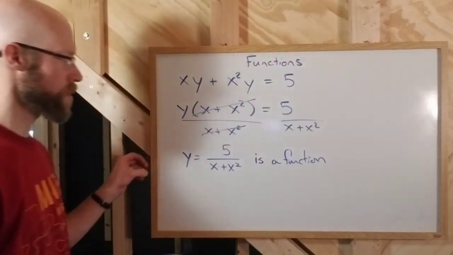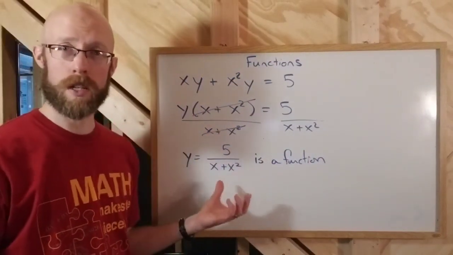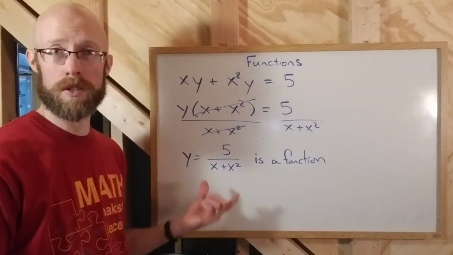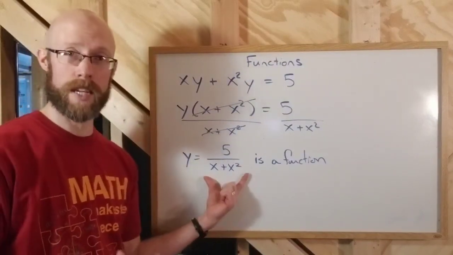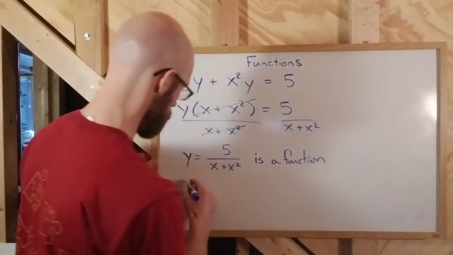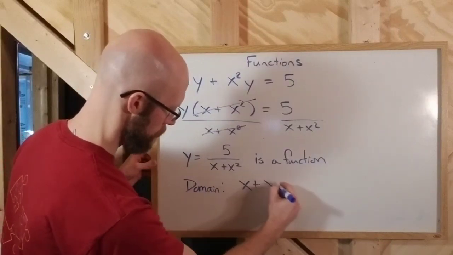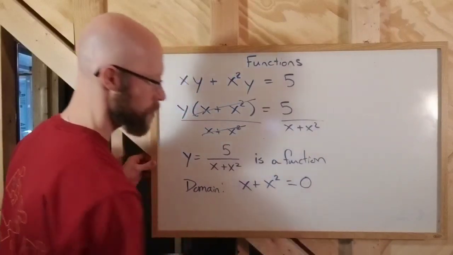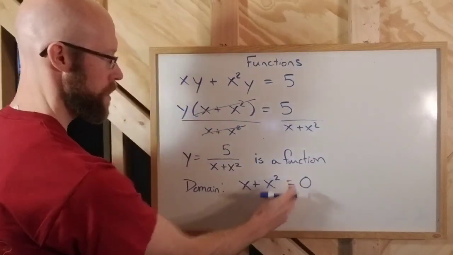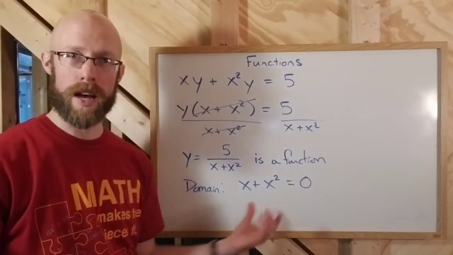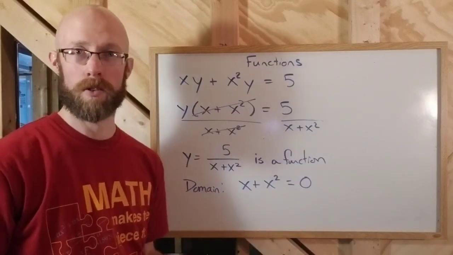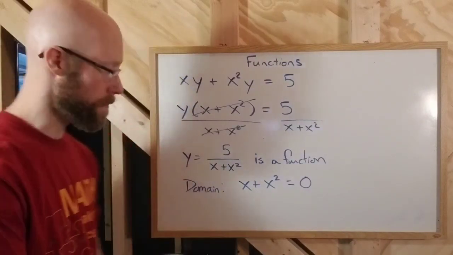Now the domain of this function can be found by setting the bottom equal to 0, right? Because you can't have a denominator equal to 0. So to find the domain, I would take the bottom, set it equal to 0, and solve for x. Any values of x that make that 0 are going to be excluded from the domain.